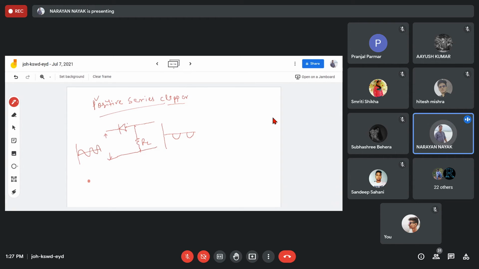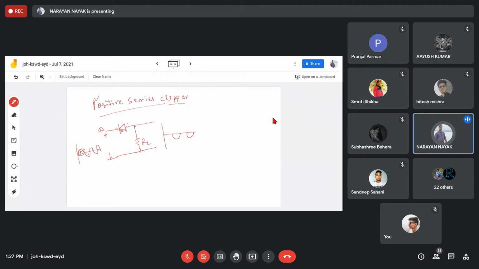So you just see here. You know that this is a positive cycle and this is a negative. You are applying an AC signal, and you have two cycles, one positive and one negative. Let us say this is the positive half cycle. Now what will happen? As for the diode, this is negative and this is positive. The diode doesn't conduct here.